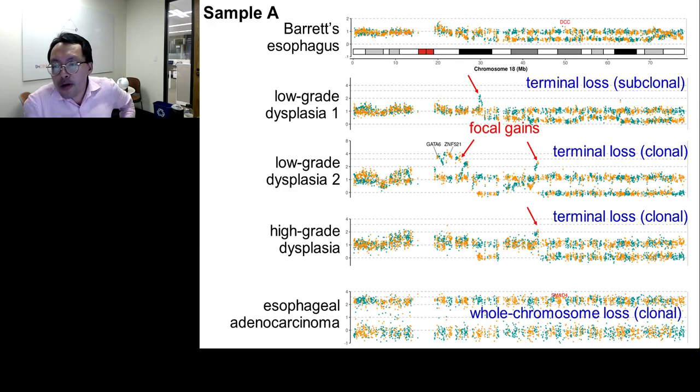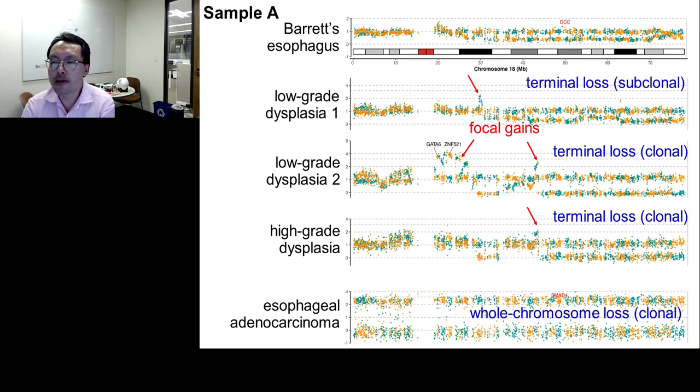So on slide 42, I'm showing you one example where we are comparing the copy number evolution, in this case of one particular chromosome, chromosome 18, in 5 different disease tissues, from Barrett's esophagus, low-grade dysplasia, high-grade dysplasia, to cancer.